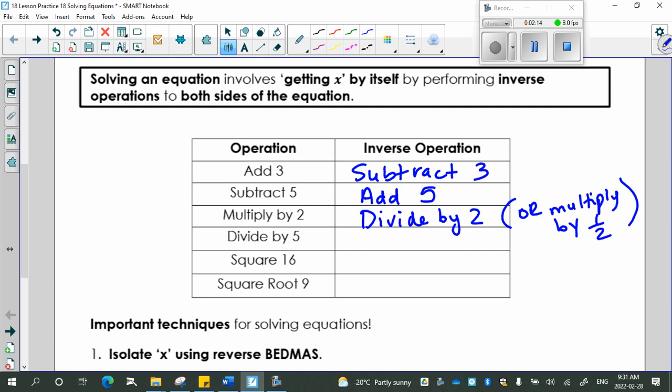So if you have 6 divided by 2, if you have 6 times 1/2, what do you end up with both ways? 3. Okay, so dividing by 2 and multiplying by half are both inverse operations of multiplying by 2. Interesting. Opposite of dividing by 5? Multiply by 5.